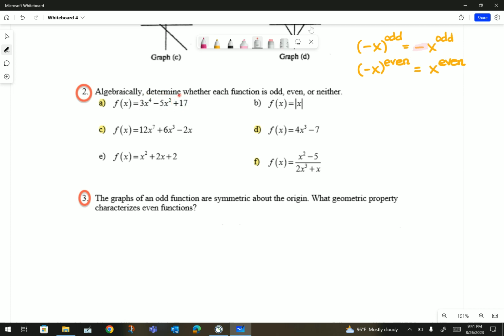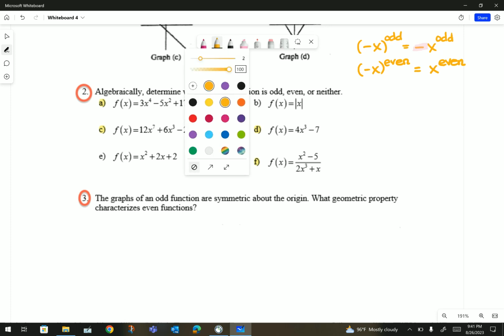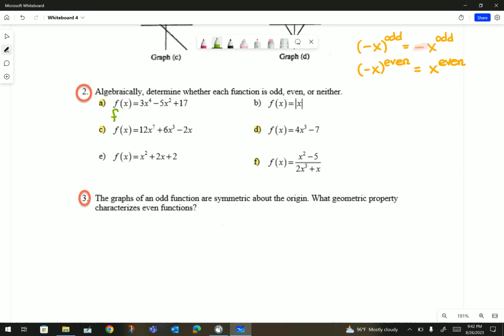I was given f of x. We are going to find f of negative x. What happens to the f of x function when we substitute negative x into those 3 terms? If I substitute negative x into 3x^4, the term is going to remain the same. It does not retain the negative.